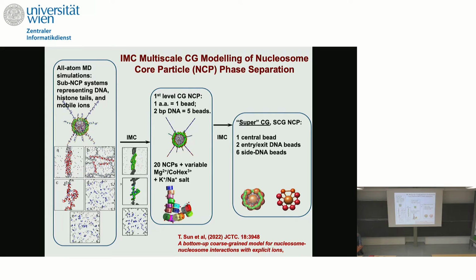And again, the effective potentials implicitly contain the effects of solvent and water, but since there are very few beads, you can easily model up to thousands and thousands of nucleosomes in the simulation system.